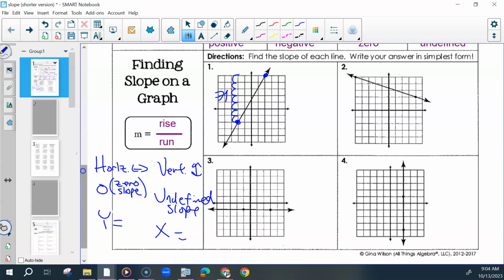You don't need to do this, but if it helps you visualize, go for it. So we're going 7 up, and then from that point, how many over? Since we're going 7 up and 4 to the right, and those are both positive directions, our slope is going to be a positive 7/4.